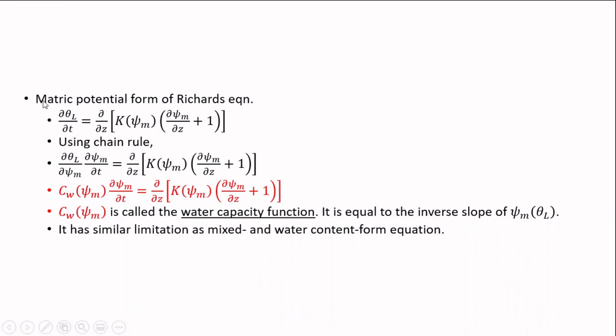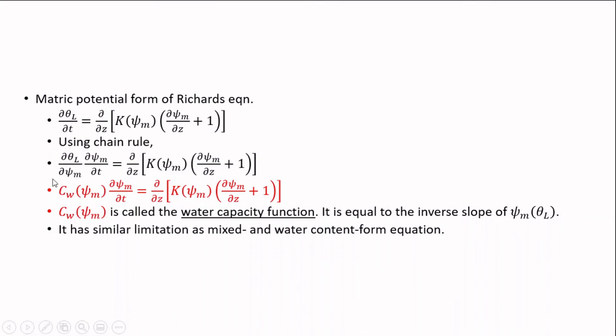Okay, so let's look at another form of Richards equation. There's another form which is called the matric potential form of Richards equation. This is the Richards equation from a previous slide, and if we use the chain rule, we can change the water storage, the changes of volumetric water content with time, to include the effects of matric suction at the storage side.